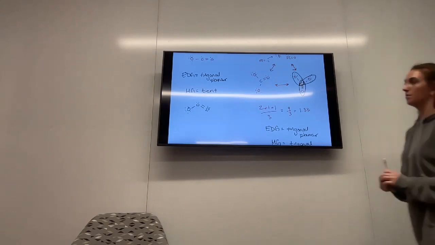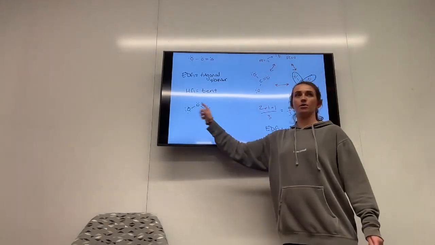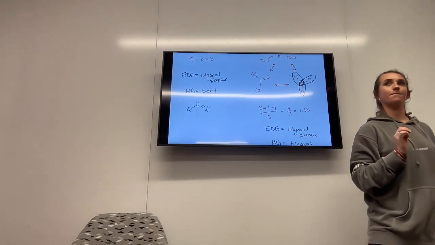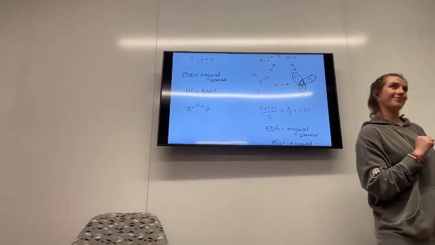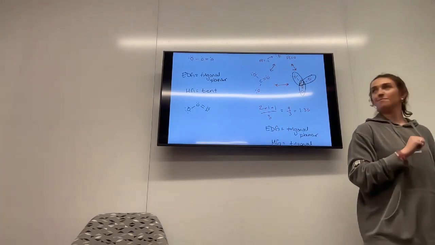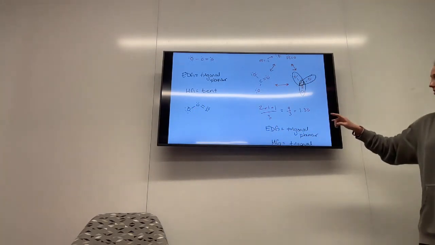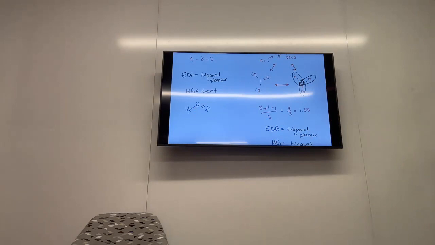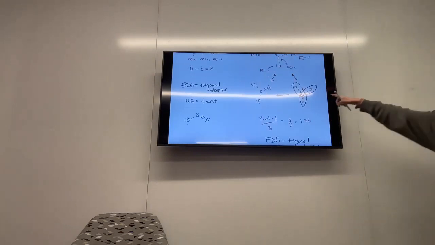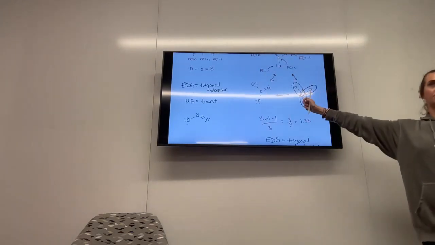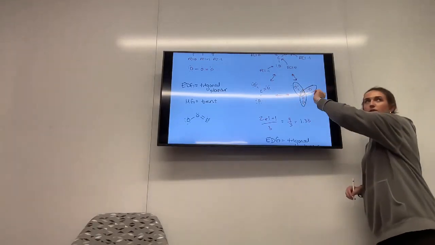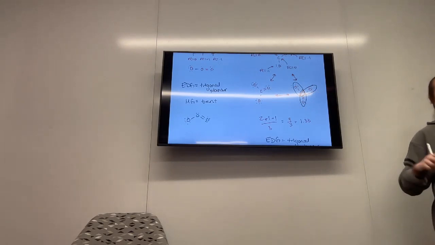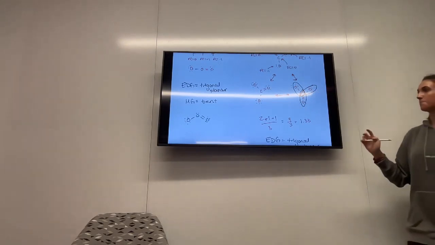What would this angle be? 120 degrees. Exactly. That's more of an estimate. For your CO3, this one's most likely going to be 120 degrees, because we have 3 domains and there are no lone pairs, so they can stick out like a triangle would.